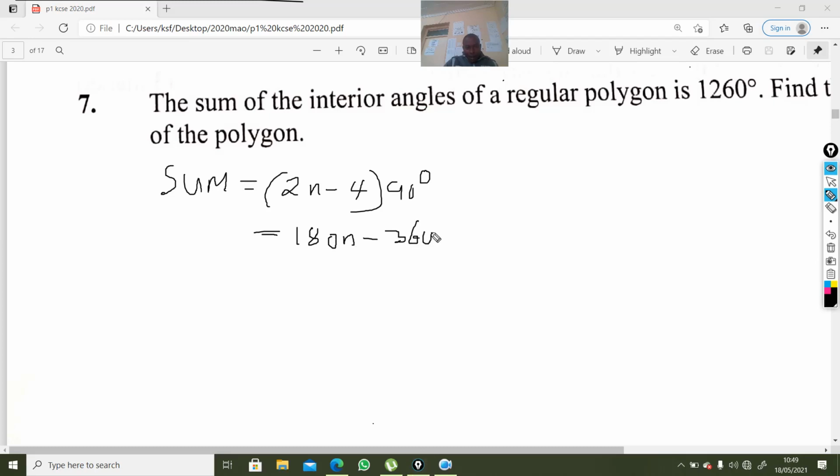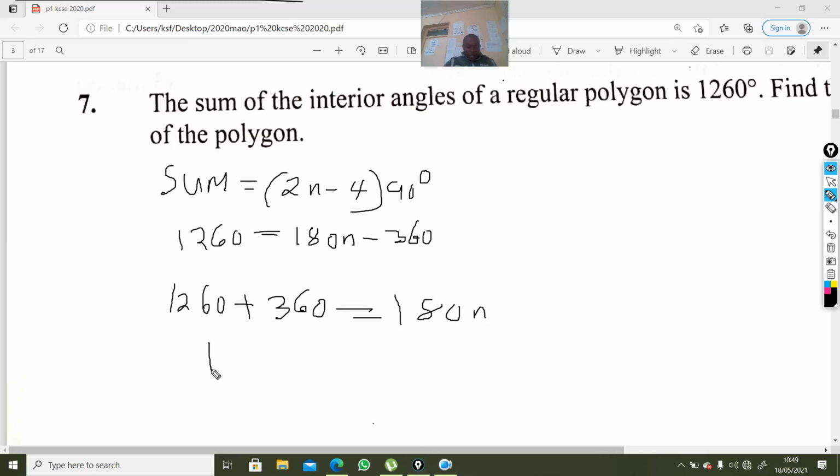We know this will be equal to 1260, so that we find the number of sides. If I bring 360 to the other side, it becomes 1260 plus 360 equals 180n. If you add the two, it gives you 1620.